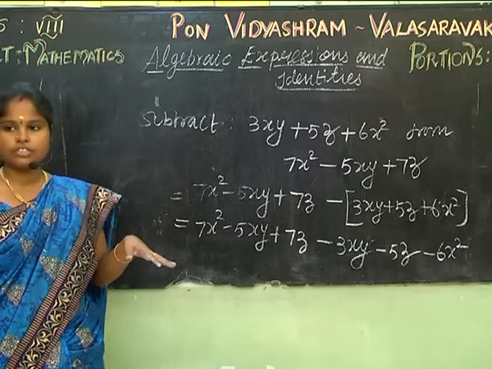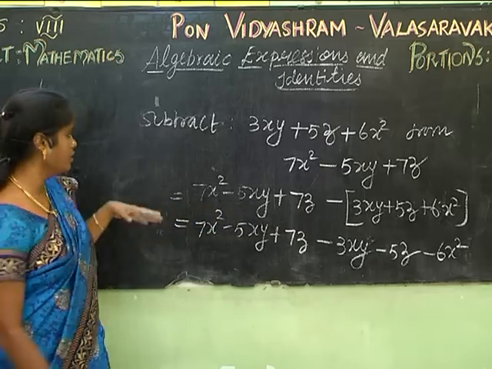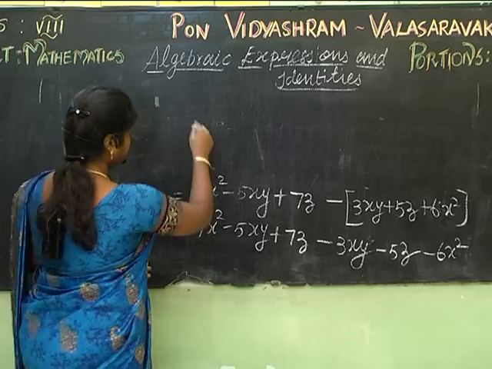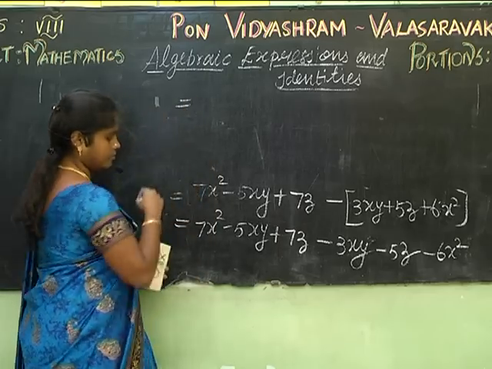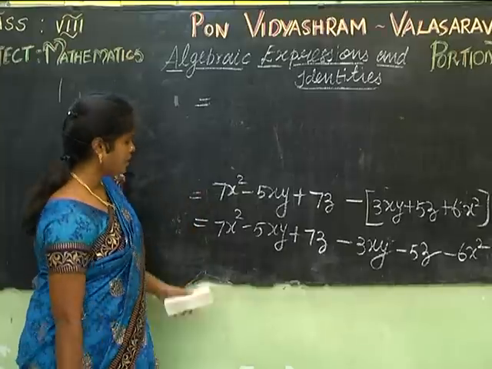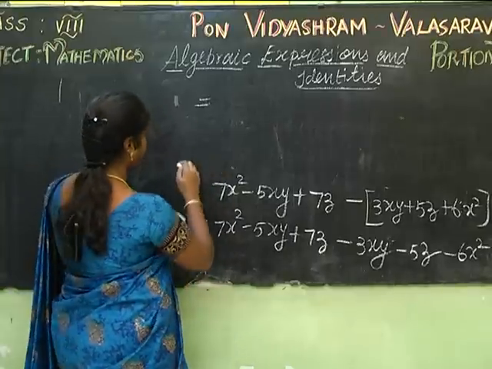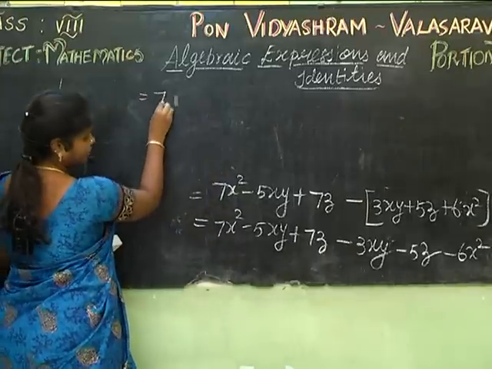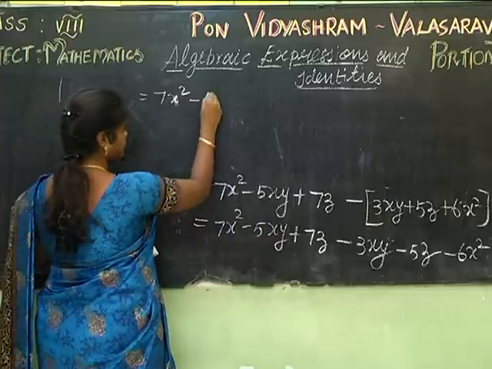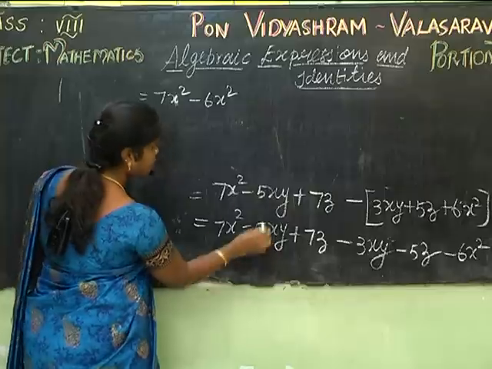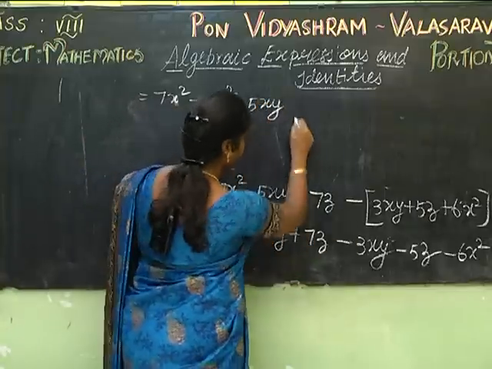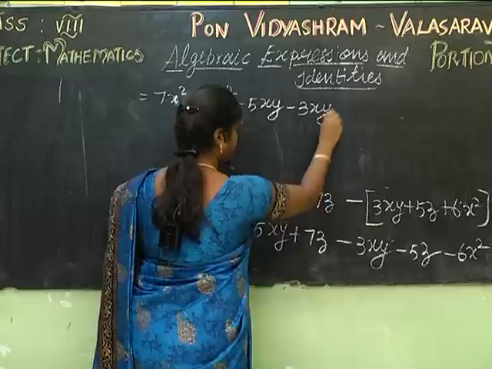As we did in the addition, we need to group the like terms together. So 7x square, minus 6x square. Then the next term is minus 5xy, then minus 3xy.